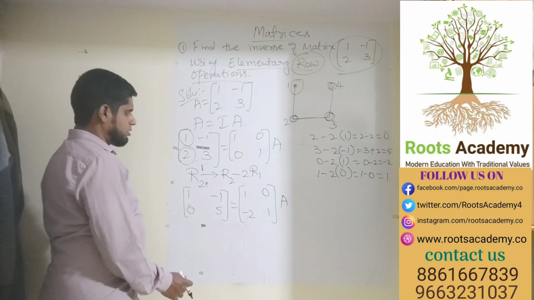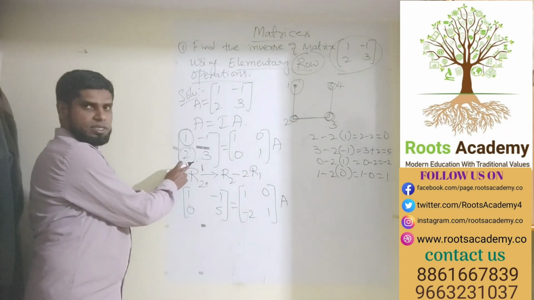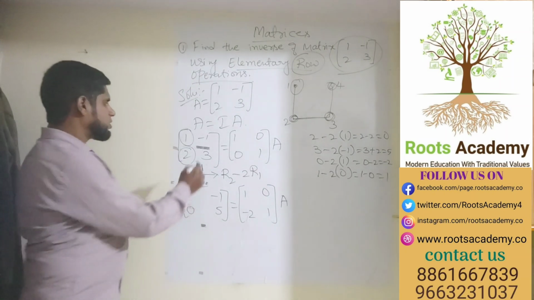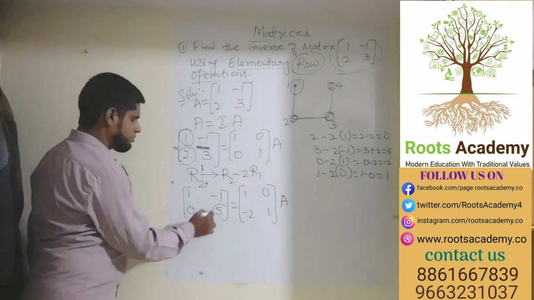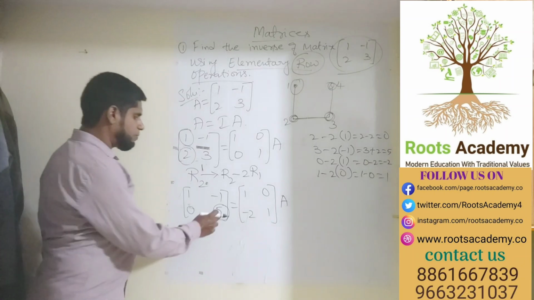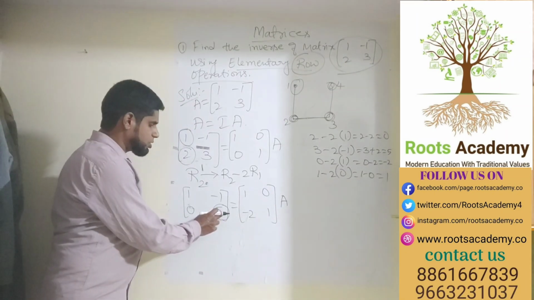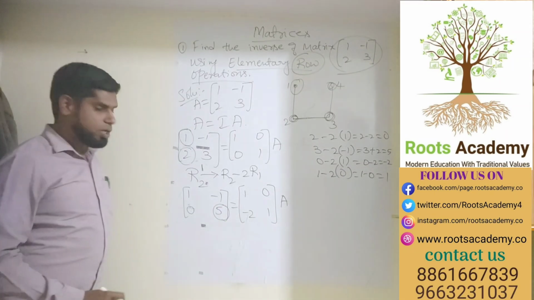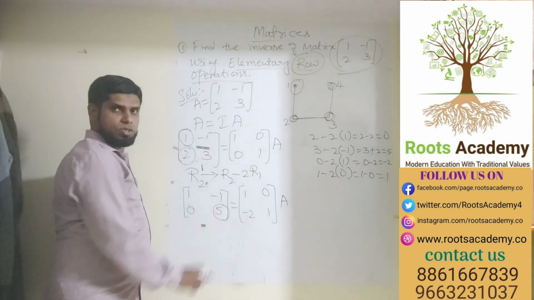Now student, this element is finished. Now my target is this element. Third element. So in place of 5, I need 1. I should get 1 here. So how can I do it?